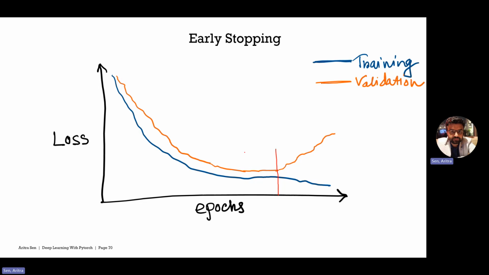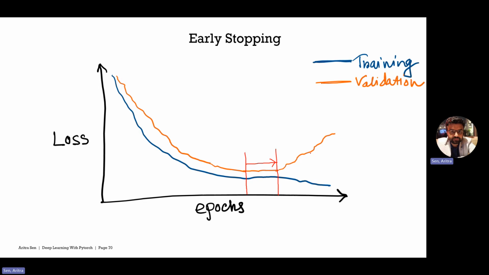You may start your early stopping in this phase, where you have seen that your validation and training loss are kind of similar, and you will monitor till this phase, and after this phase you will stop training, right? You will not run any further epochs after this phase. So with that, you will not run into the problem of overfitting, right?